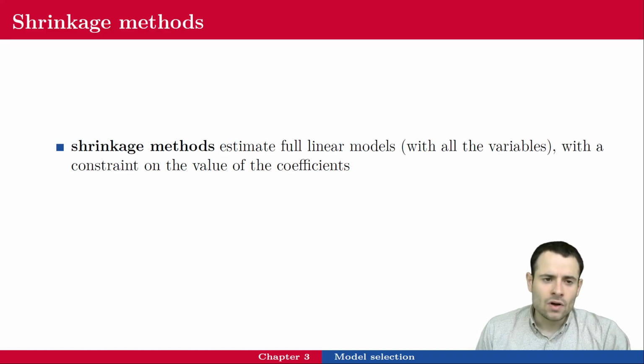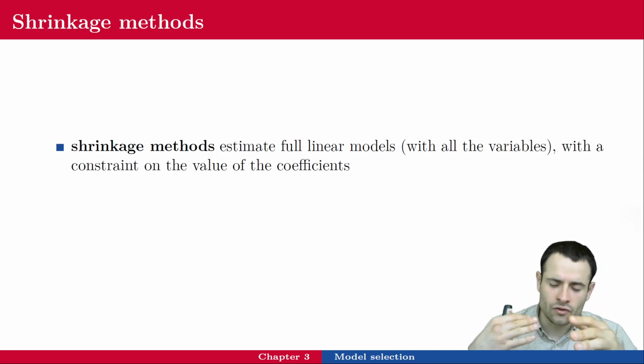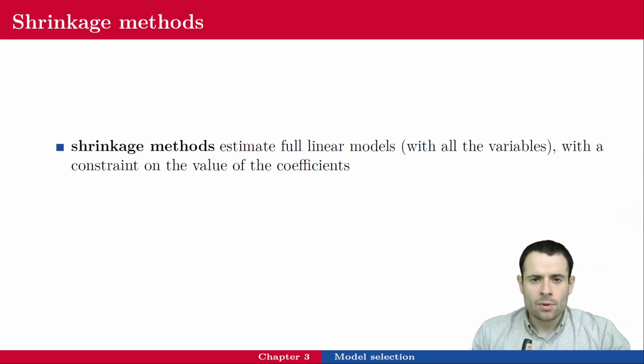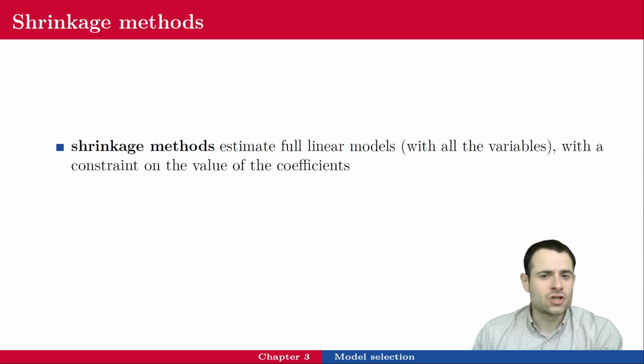So the idea of shrinkage methods is you estimate the full linear model, so you include all the variables that you want, but you're going to add a constraint to your minimization problem. So think about doing an OLS, but after the sum of square residuals that you are minimizing, you add another term which is going to constrain the value of the coefficients. It is going to put a constraint on the value of the beta hats.